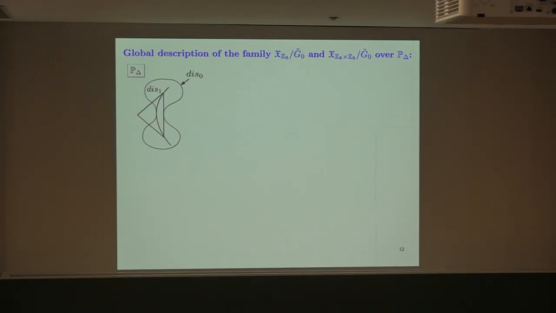Then it turns out that there are 2 components of the discriminant. One component is something like this. Over this discriminant, the complete intersection acquires 8 ODPs, and over the other component of the discriminant, a little bit higher singularity appears. That's an additional picture.